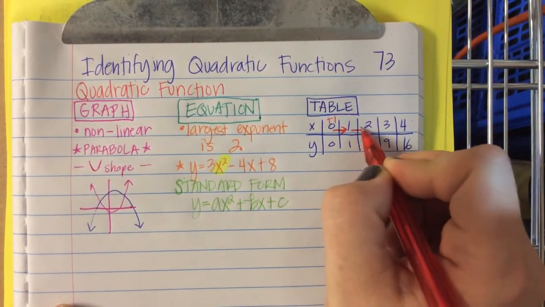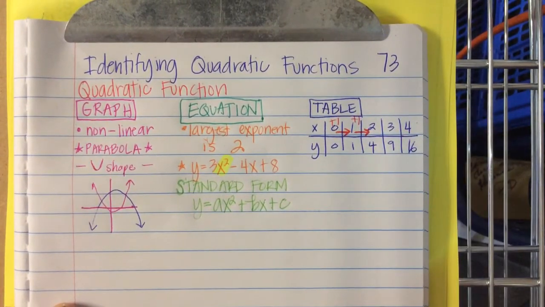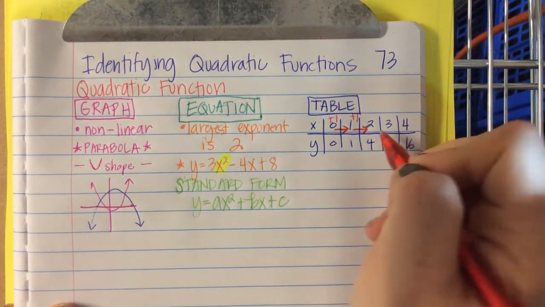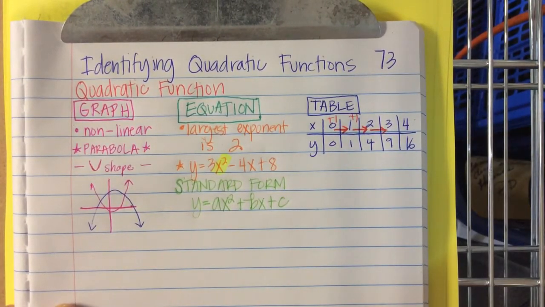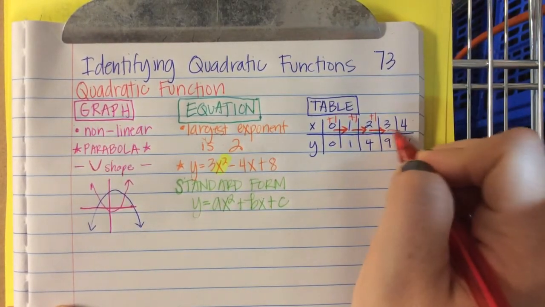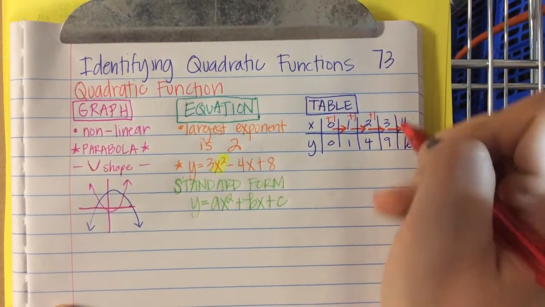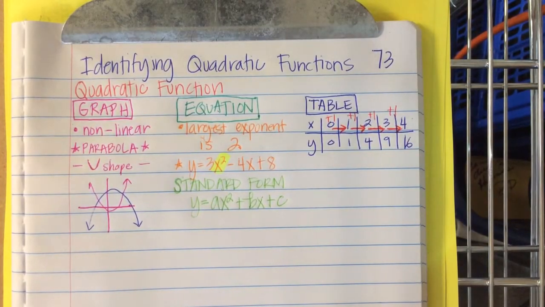From 1 to 2, you add 1. 1 plus 1 is 2. From 2 to 3, you add 1. And from 3 to 4, you add 1. So the change in x is the same. It's constant. We want it to be constant. Perfect. Excellent job. Congratulations.